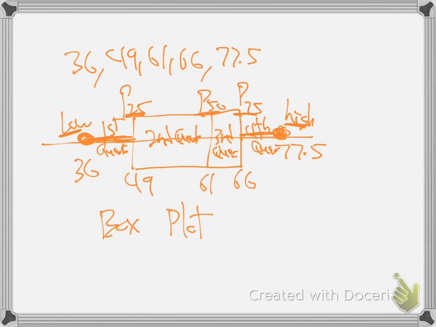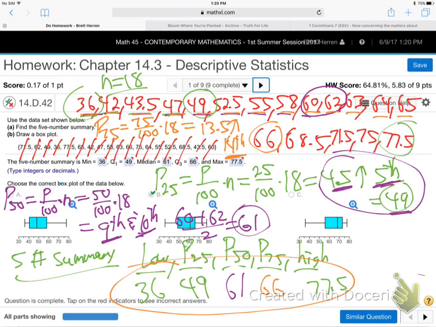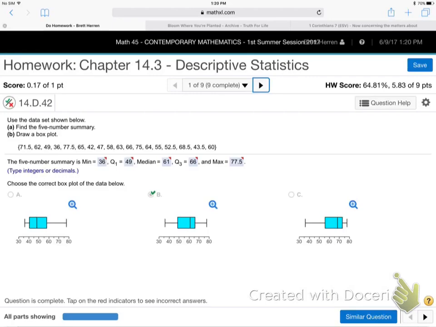So we can go back and look at the picture and figure out which one's right. Well, it's all messed up now. Here, I'll do a fresh screen. So you just look at that and you say, okay, it's B. See how it's B here? The low is supposed to be 36. See how that looks like it's about 36? And the left edge looks like it's just below 50, 49. The middle looks like it's right on 60, just above 60, 61.